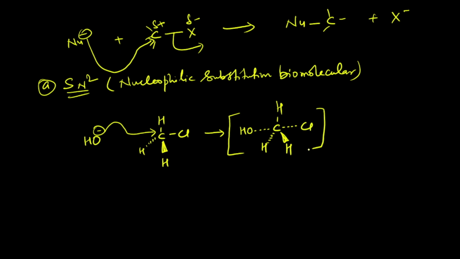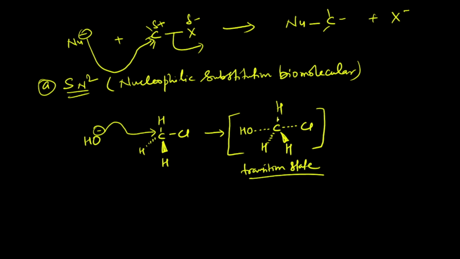Now you just see, this we call the transition state. Transition state is something different from a reactive intermediate. A reactive intermediate we can isolate, but a transition state we can't isolate, correct? It's only that we can see that this is the way the reaction is happening. So it's just an explanation. A reactive intermediate we can isolate even for a fraction of a second, but this we can't isolate, because carbon never has 5 valency.